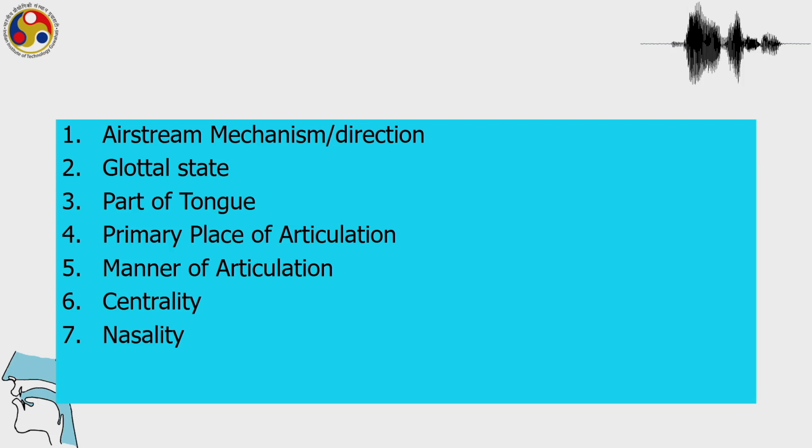The things which are important apart from place of articulation and manner of articulation are the airstream mechanism, the glottal state, the part of the tongue, laminal or apical or subapical, etc., and centrality and nasality. These 7 aspects give the consonant sounds their particular shape and flavor and color.